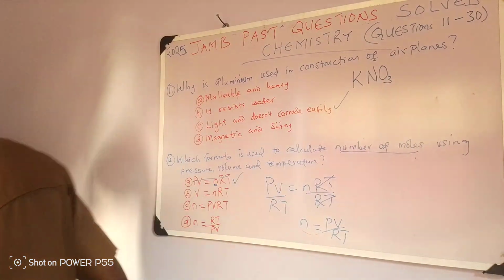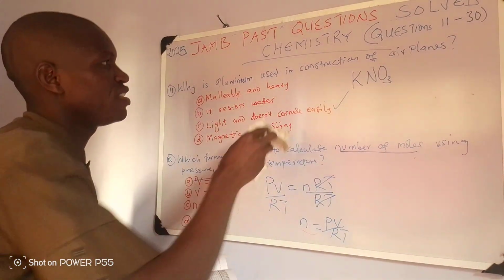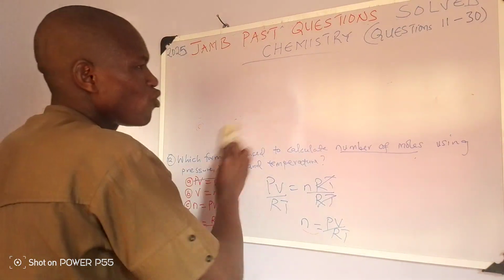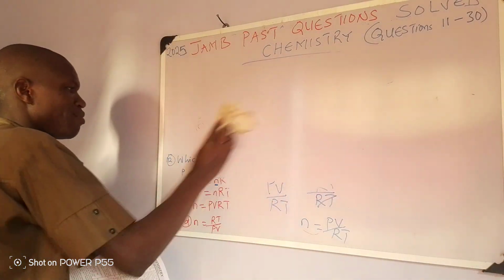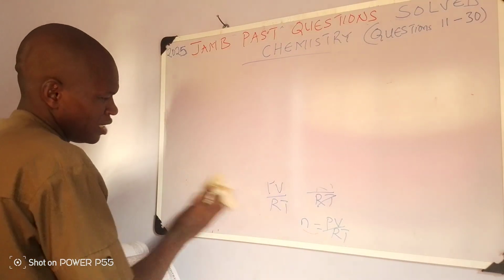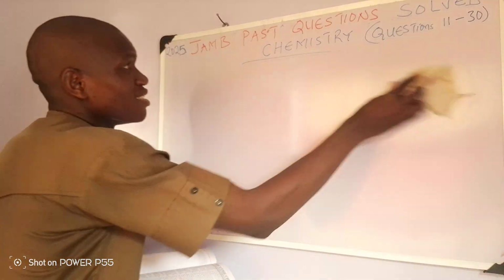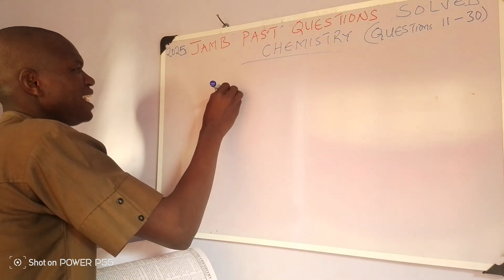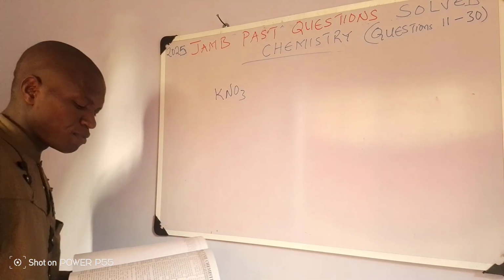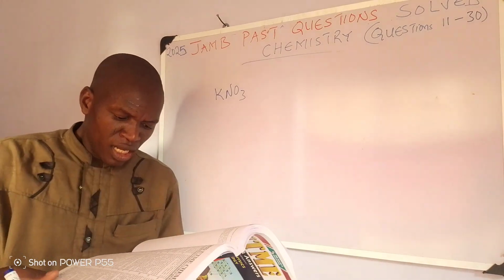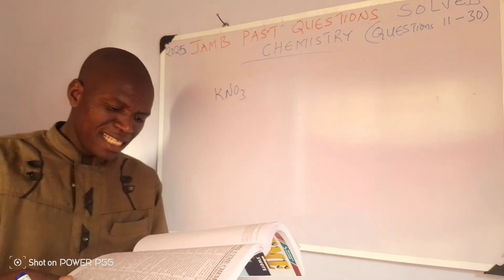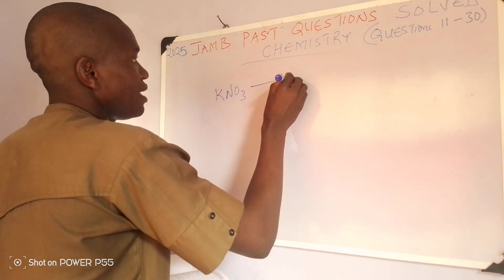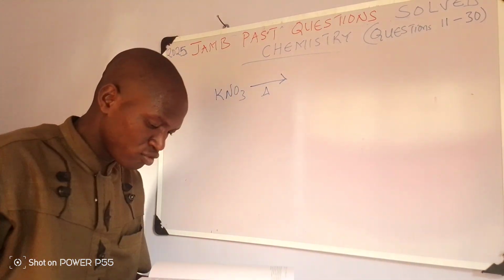Let me reduce some of these things so that you may see clearly what I'm writing, because these things might be what you just enter into the exam hall and see immediately. So you need to master all these things so that you'll be able to answer this question. So the question is about KNO3, which is called potassium nitrate. So they say thermal decomposition, that is to say, by the time you apply heat, what happens?